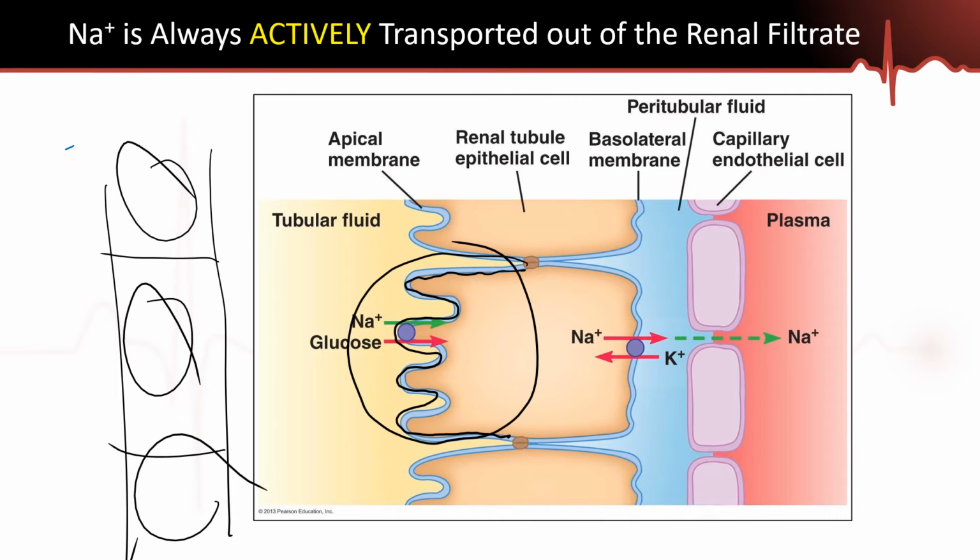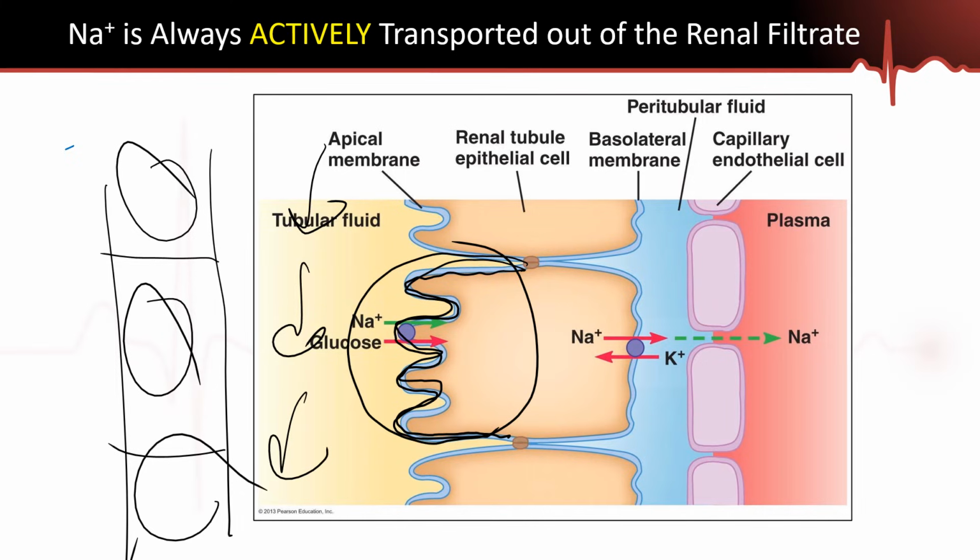The lumen of the nephron is the opening, right? That's where blood plasma is traveling through. So the portion of the plasma membrane that faces the lumen is called the apical side or the apical membrane. That's not the biggest thing in the world, but it is a decently important terminology.